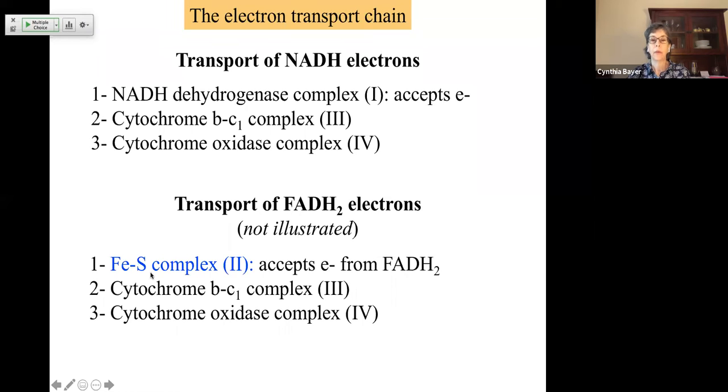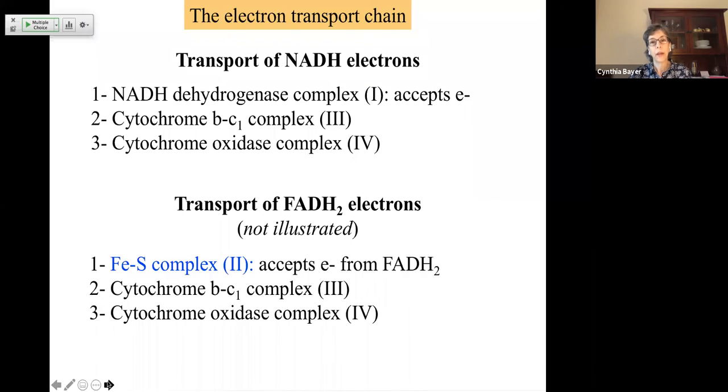Then those electrons are passed to cytochrome BC complex, and then finally to cytochrome oxidase. So in the figure on the next slide, it does not illustrate complex 2, but I'll show you where that lies in this chain of electron acceptors.